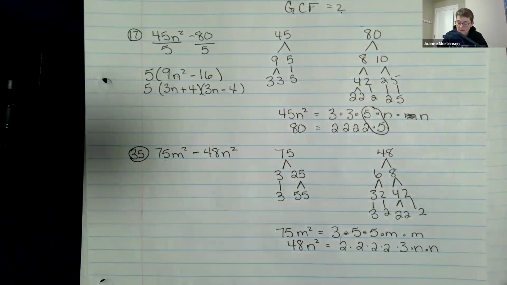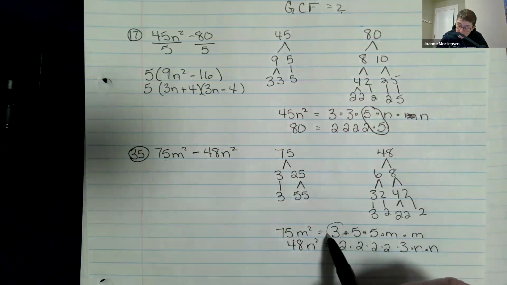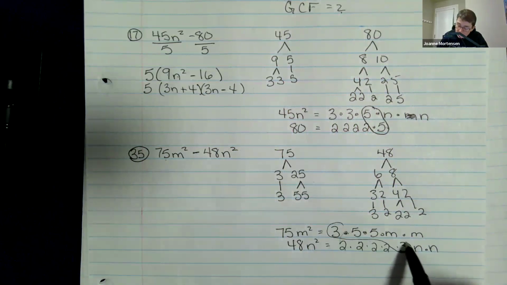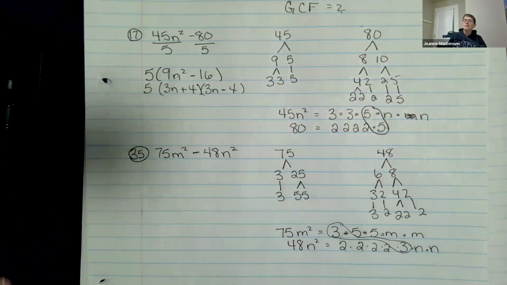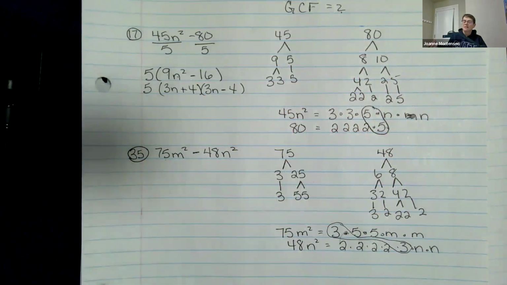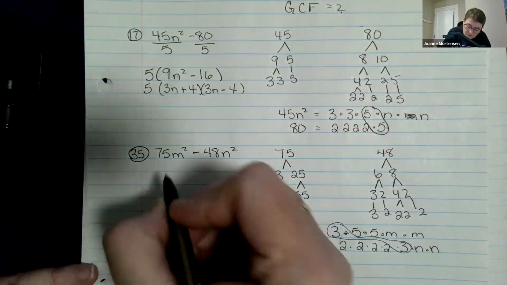And after all of that work, 3 is the greatest common factor. What about the m's? No, the m's are not common because there's n's on the other side. That's fine. So we divide this by 3.